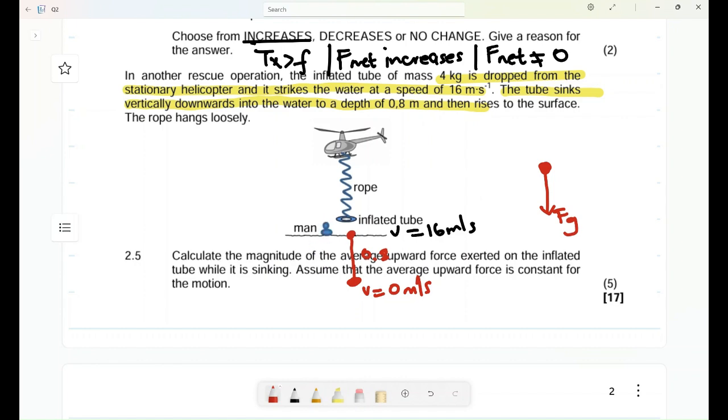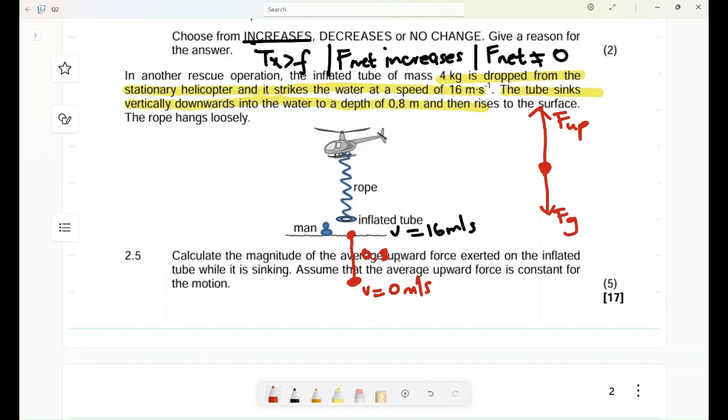As it sinks, there is this force that tries to oppose the gravitational force, so we have an upwards force. And that upward force is always greater than gravity. Why? Because if that was not the case, we wouldn't be able to swim, because we would be sinking inside water instead of coming back.